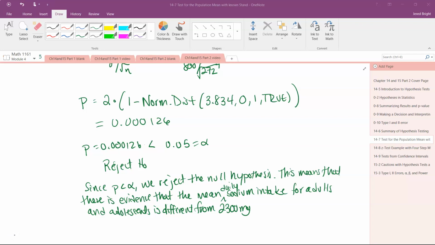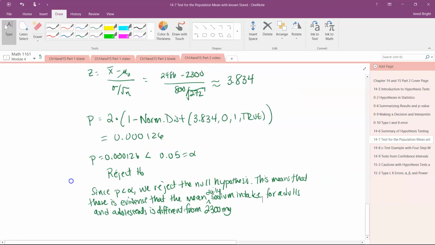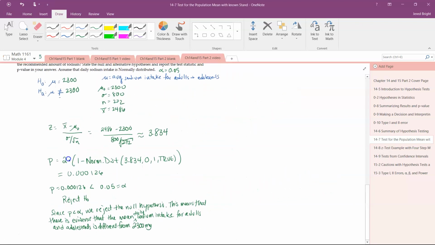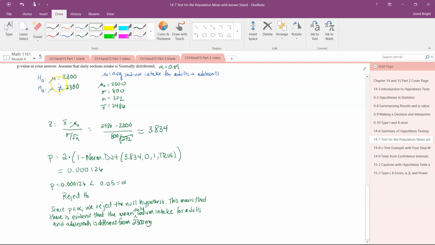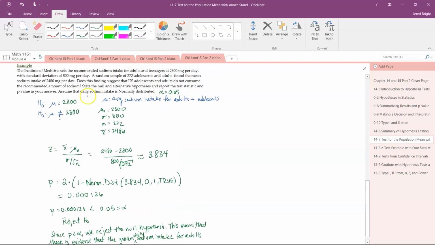Okay. So again, big hallmarks here are that we had to set up the hypotheses: mu is equal to a number, mu is not equal to a number in this case, because we were asked the question, does this suggest that they do not consume the recommended amount?